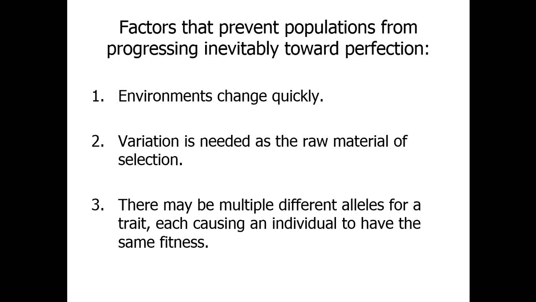And so we can't have a deep-beaked and also a short-beaked bird at the same time. Variation is needed because that's the material that natural selection and the environment are working with to kind of mold those populations into working the best in that environment. And there might be multiple alleles for a trait, which causes individuals to have the same fitness. And so that's also a factor here.